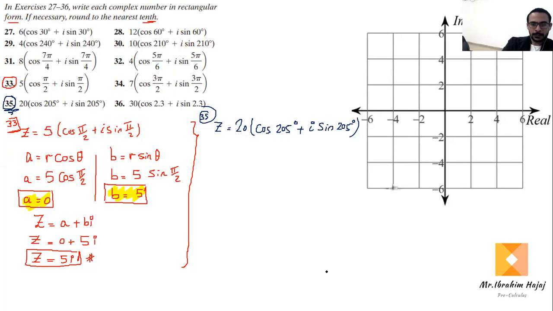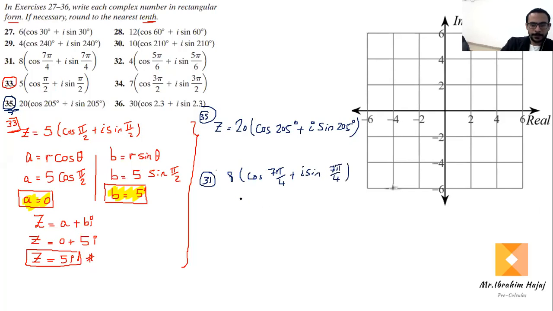Okay, Samir, Khalid, question number 31. Yes, it's 8 into cosine 7 pi over 4 plus I sine 7 pi over 4.